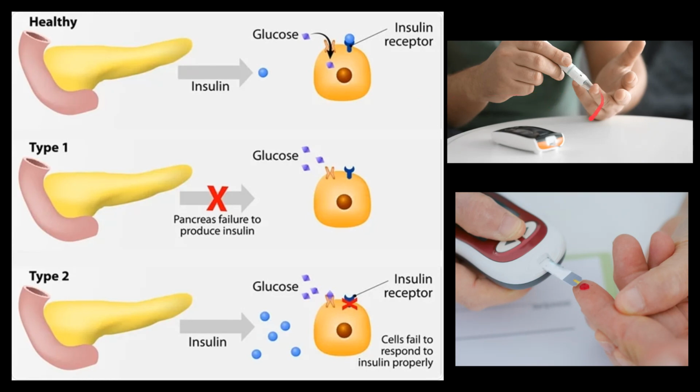So if you look over here on the right, you'll notice that there are some people here, and what are they doing? They're checking the amount of sugar in their blood. Maybe some of you guys have seen people checking their sugar. So what do they do, right? This person at the top is using this little device that's going to make a tiny little cut in their finger, and a drop of blood comes out, and you can use this sensor to pick up this blood and figure out how much sugar is in your blood.